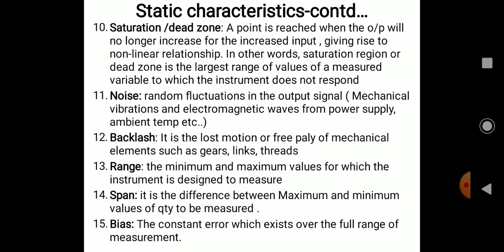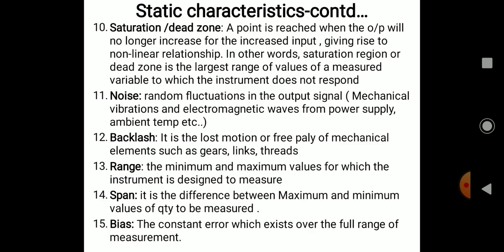If you are measuring an exactly 5 mm diameter component, the instrument will read 5.02, because already 0.02 mm is the zero error reading, that is the biased reading, already there.